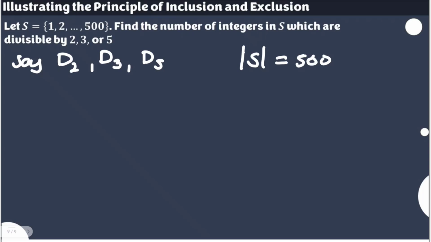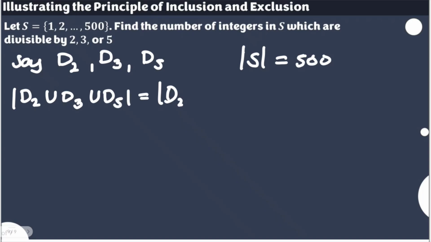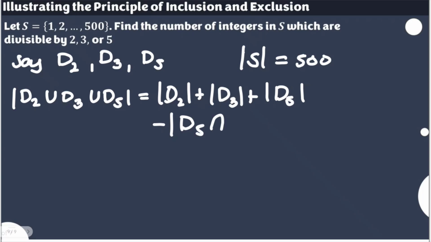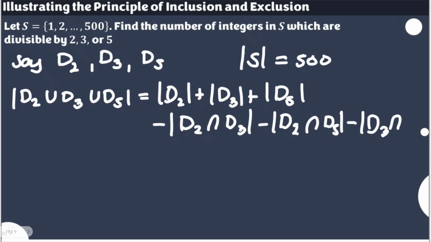So first, let's look into the idea of each set, because our formula for the principle of inclusion and exclusion talks about the union of these, which has a formula of the cardinality of D sub 2 plus the cardinality of D sub 3 plus the cardinality of D sub 5, then minus the intersection of D sub 2 and D sub 3, then less the intersection of D sub 2 and D sub 5, and then less the intersection of D sub 3 and D sub 5.